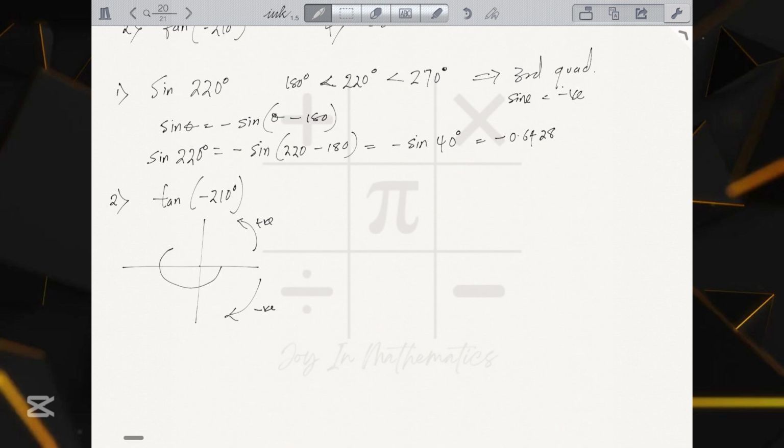So we have this 210 degrees. The question now is, how do we get the acute angle here? And how do we even know theta?